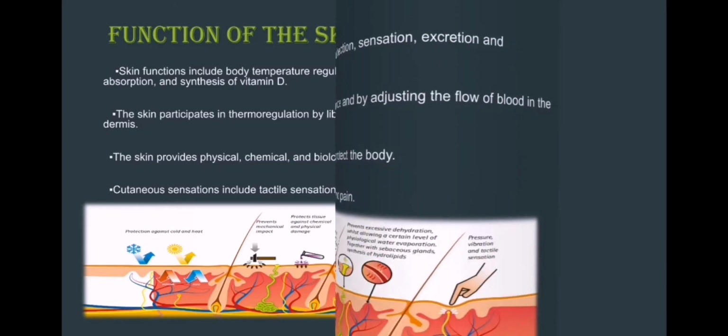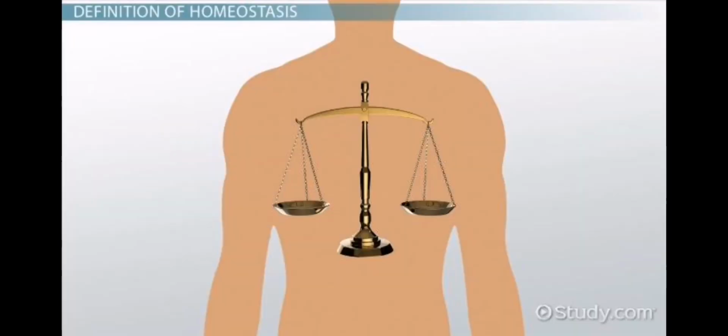Now, let's move on to the focus of homeostasis. Homeostasis is the key concept in understanding how our body works. It means keeping things constant and comes from the Greek words homeo meaning similar and stasis meaning stable.